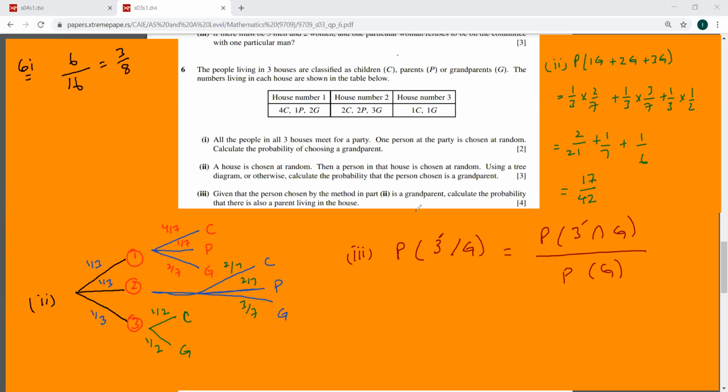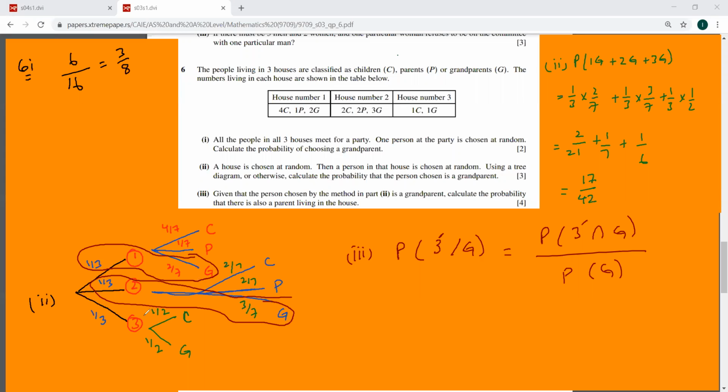So that means we have to find the probability of getting a grandparent from these two houses. If you simplify, let's not make it more complicated. I'll just be adding these two over here, this one plus this one.